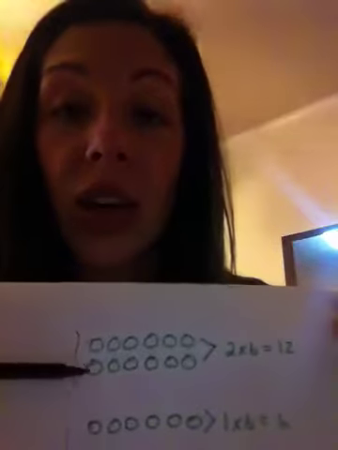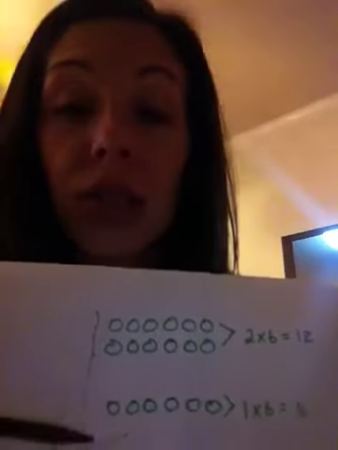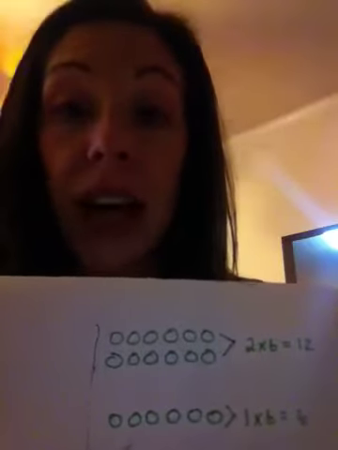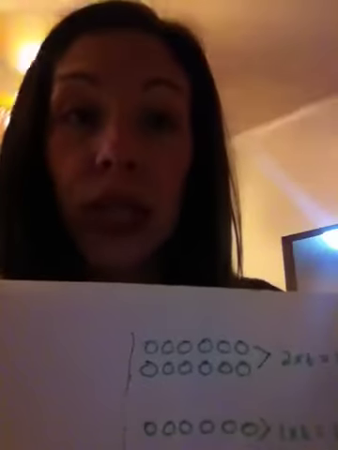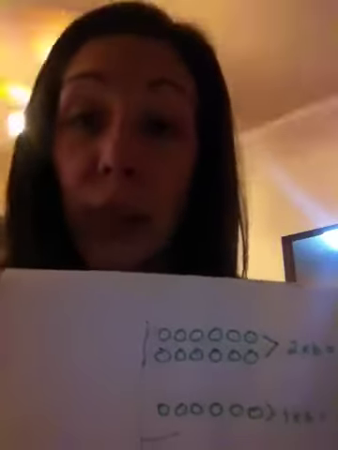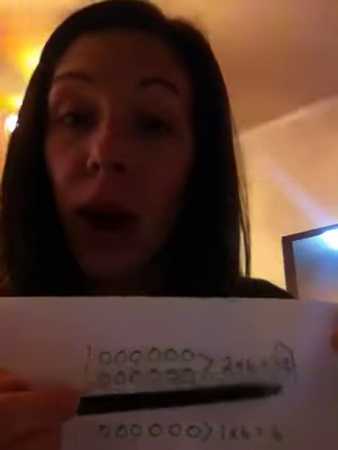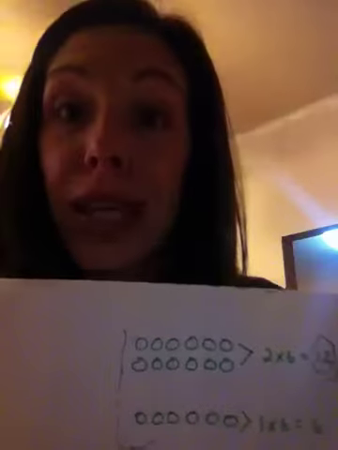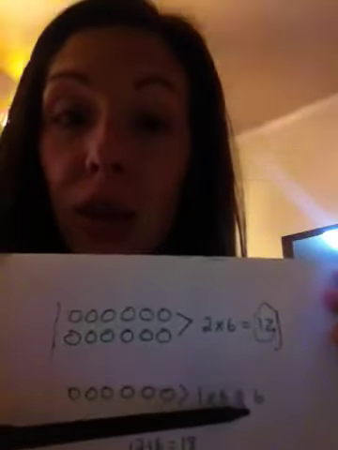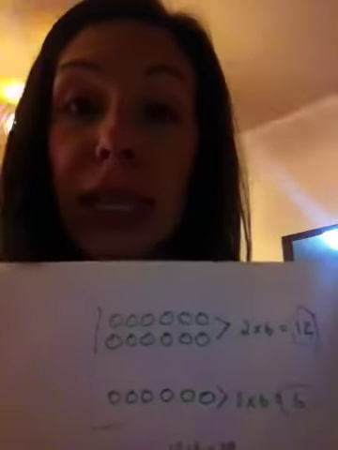All I did was separate it into a 2's fact and a 1's fact. I know those. It's really simple. All I had to do was separate it into two different multiplication problems and add the partial products together. This is not the whole product, because our whole product was 18.